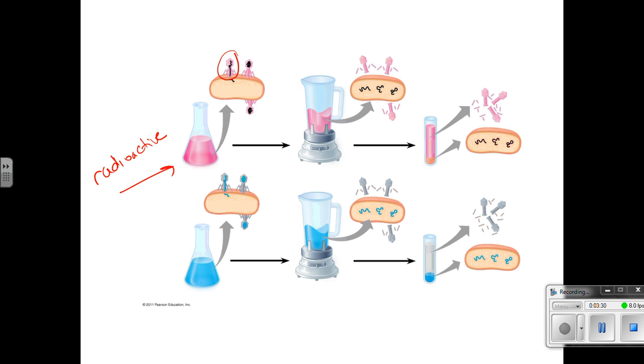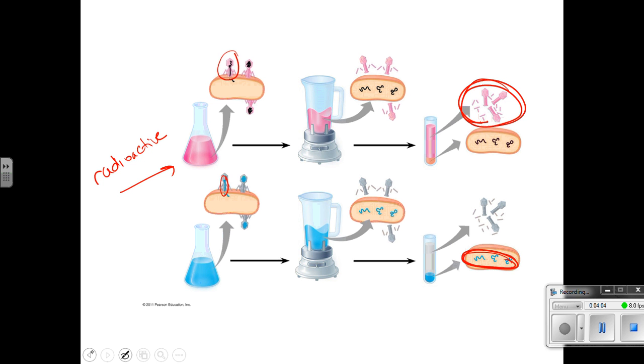When they did that, they noticed that the radioactivity stayed outside of the cell. But when they labeled the DNA with the radioactivity, then the radioactivity was identifiable inside the cell. So they knew from this that it wasn't the proteins of the virus being injected into the cells, it was the DNA. That was a really big step in understanding what was being passed from one generation to the next.